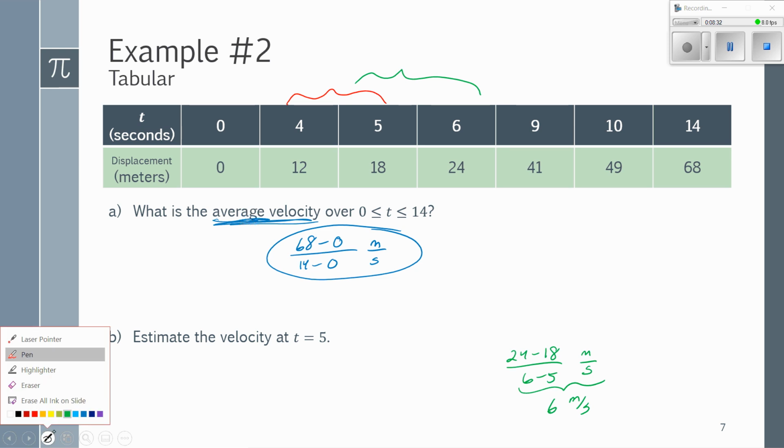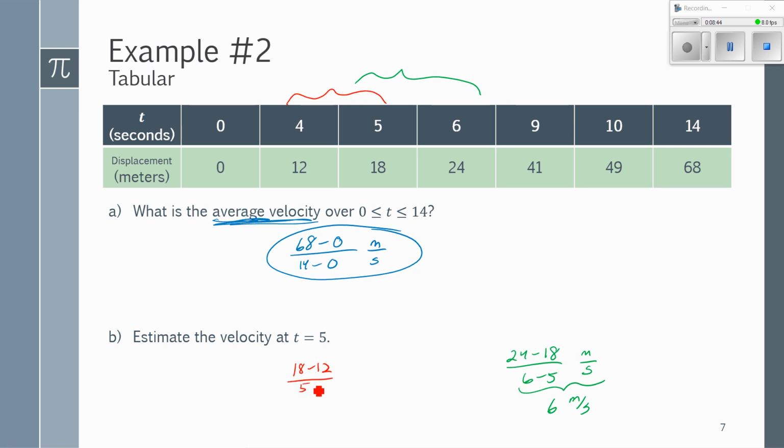Or if I prefer to use 4 and 5 and approach from the left, I'd have 18 minus 12 over 5 minus 4. Top is in meters, bottom is in seconds. That is also 6 meters per second.